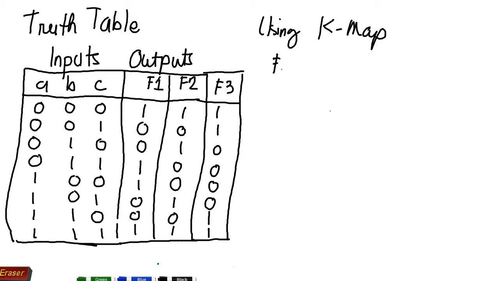So here we have F1 is equal to B XNOR of C. That's the equation of F1, so that we will not forget it. Next, we're going to find the equation of F2.